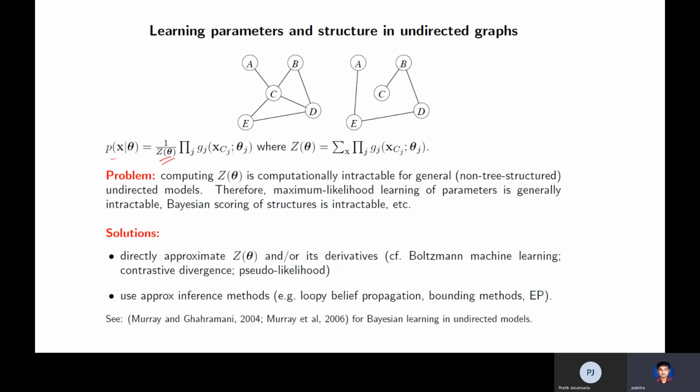There are many sophisticated solutions which approximate this partition function Z(theta), the normalizing factor, or its derivative, like Boltzmann machines, contrastive divergence, pseudo likelihood, or sometimes approximate methods like variational inference, loopy propagation, and bounding methods.